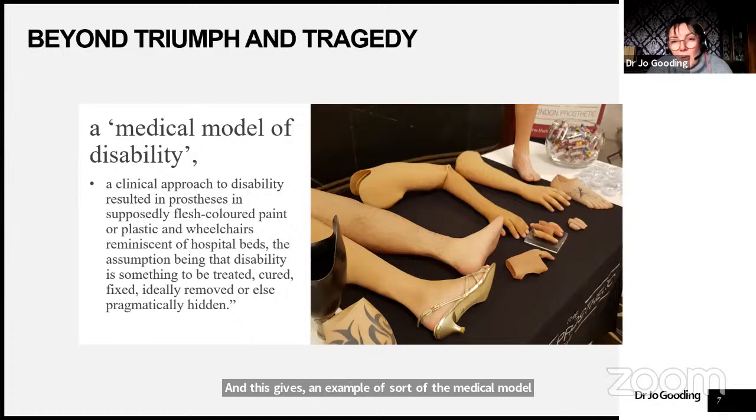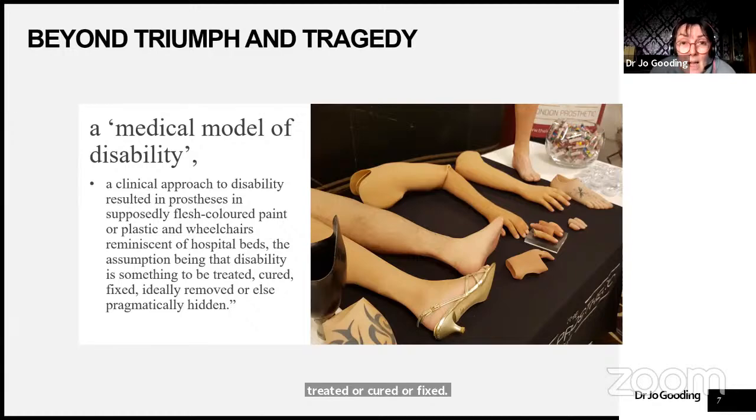So when we think of that approach to disability objects, a clinical approach has resulted in prostheses that are supposedly flesh-coloured, paint or plastic. We've got wheelchairs reminiscent of hospital beds, and an assumption that disability is something to be treated or cured or fixed, and ideally removed or else pragmatically hidden.